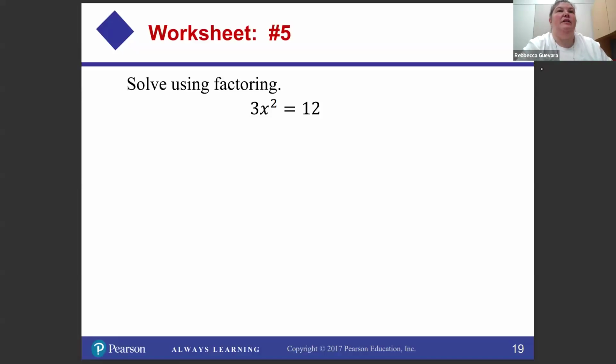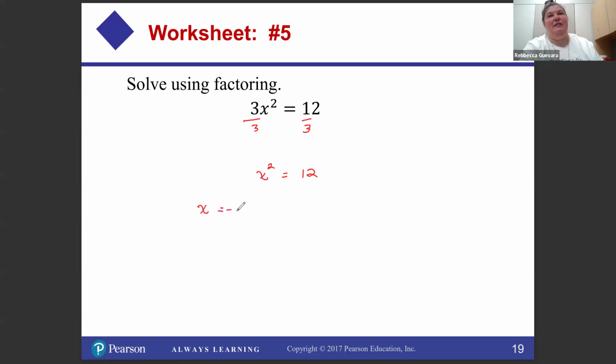Okay, so this is one where we do not have an x term, we just have an x squared term. So we're going to use that property of square roots. If I divide both sides by 3, I get x squared is equal to 12. According to the square root property, I have two choices.